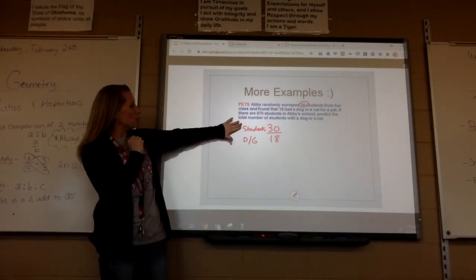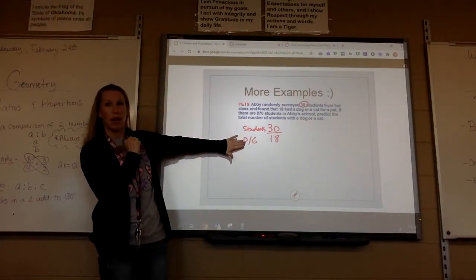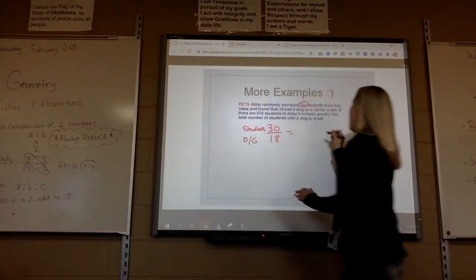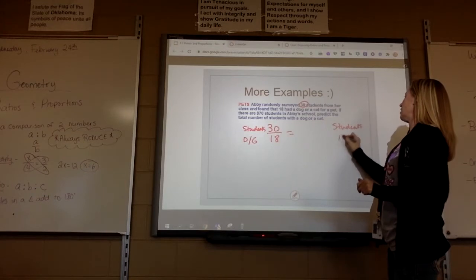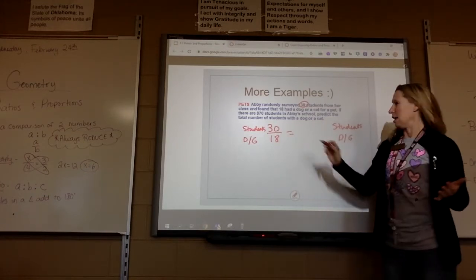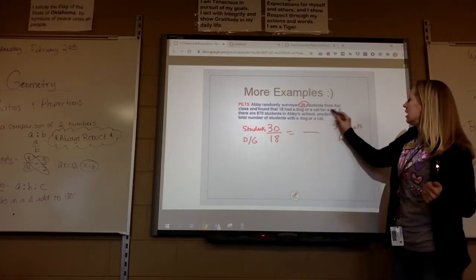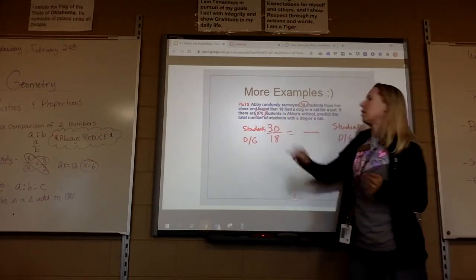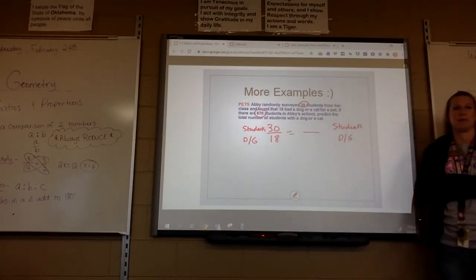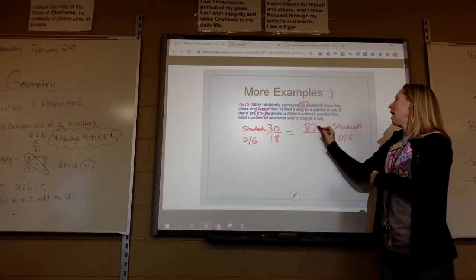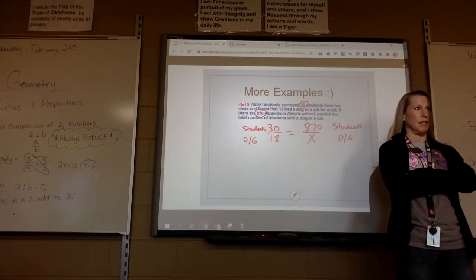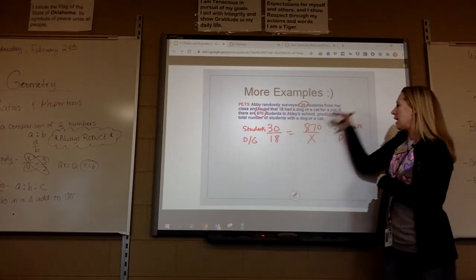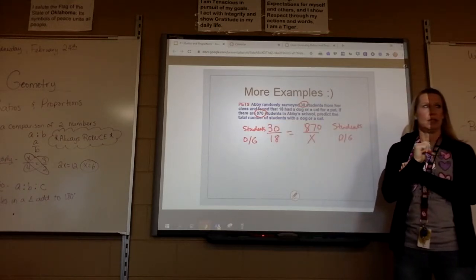If I put students on top and dog or cat on bottom, I have to put students on top and dog or cat on bottom again. So on this side, how many students would I put, that 870, on top or bottom? Top. I don't know how many have a dog or cat, so x on bottom. Does that make sense? Has to be the same both times.